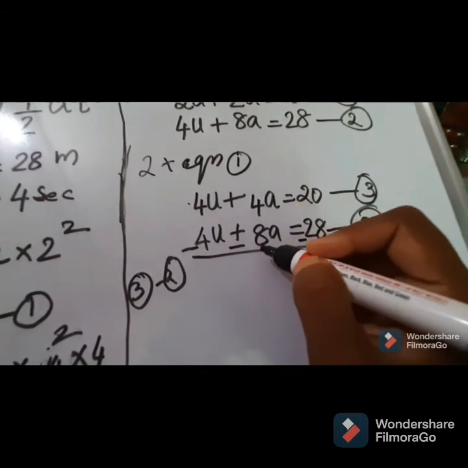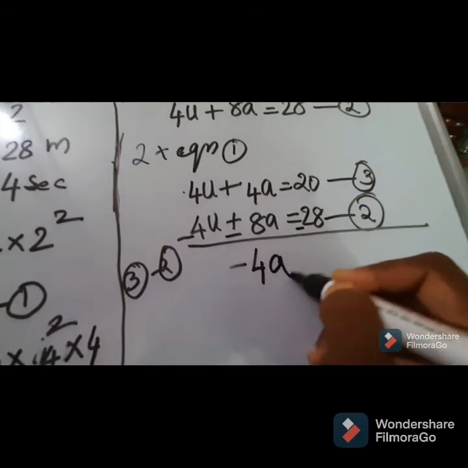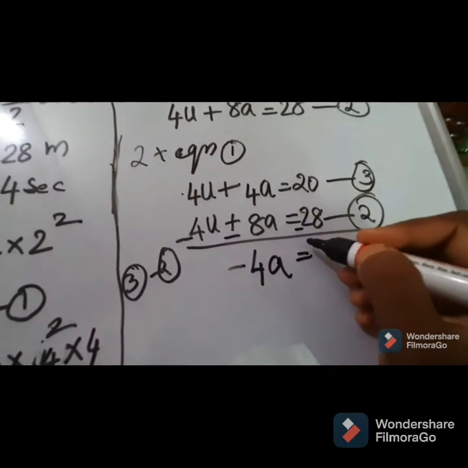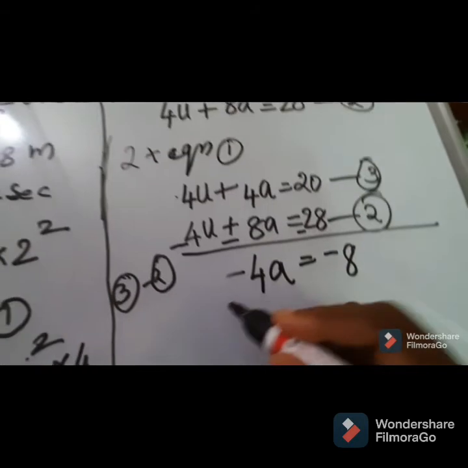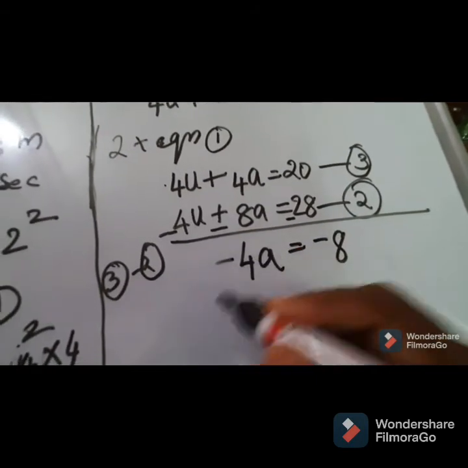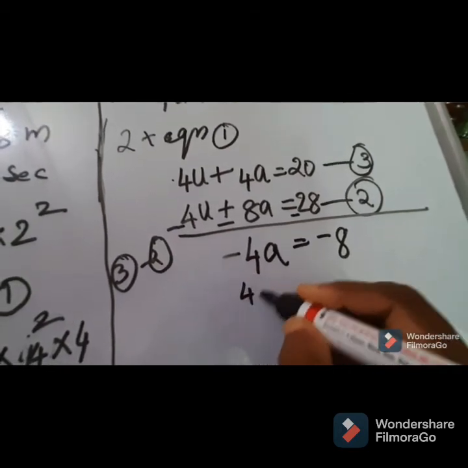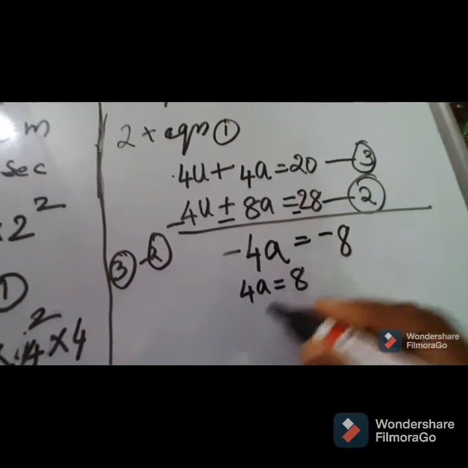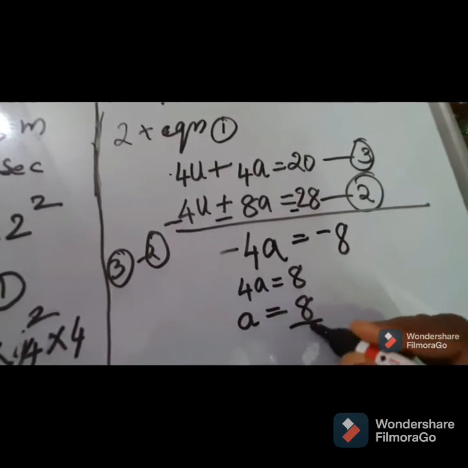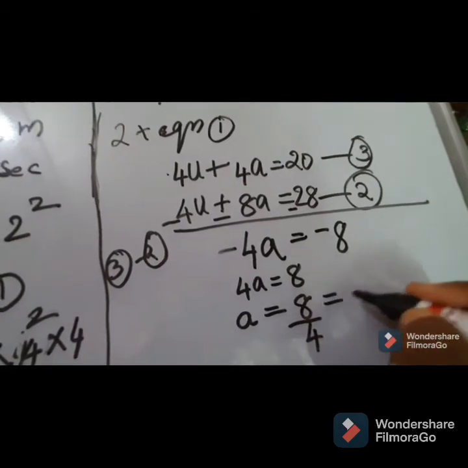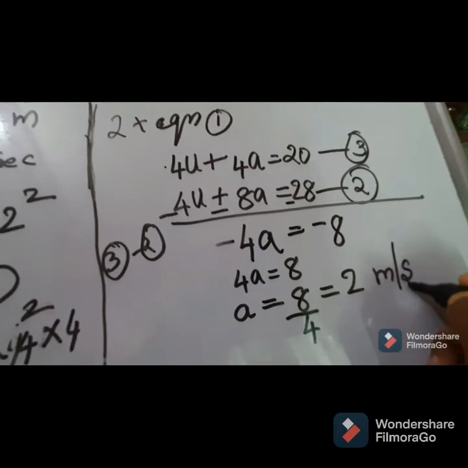Now plus 4 minus 8, that is minus 4a, equal to 20 minus 28, that is minus 8. Both signs will cancel, that means 4a equal to 8. We want a equal to 8 by 4. So we will get a equal to 2 meter per second squared.